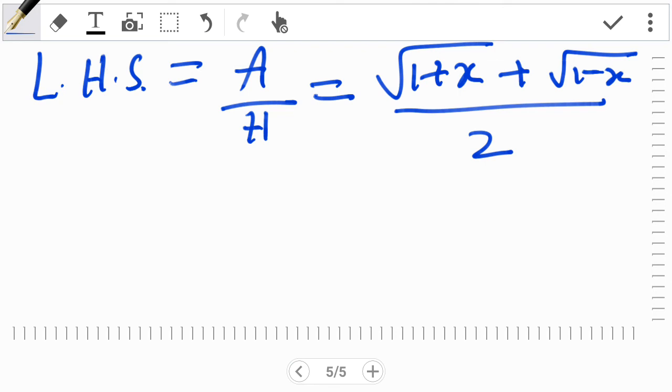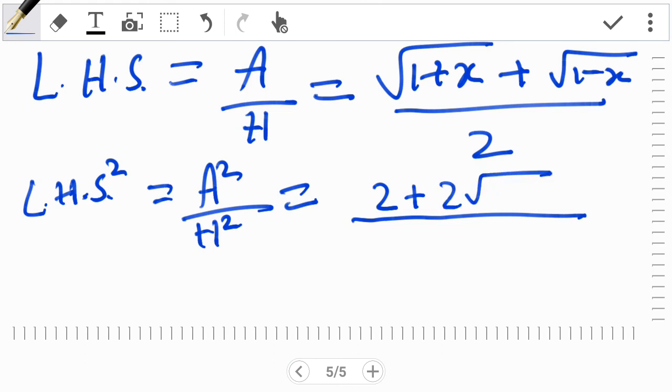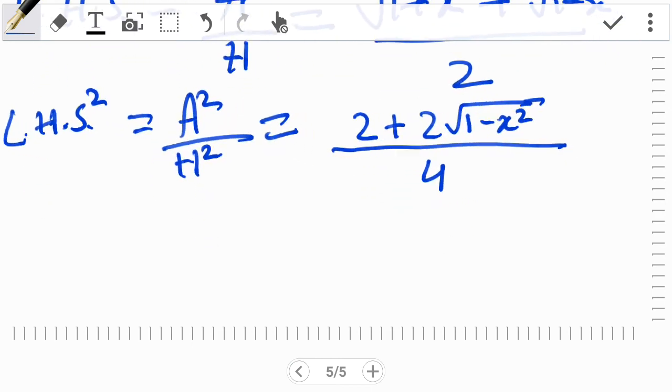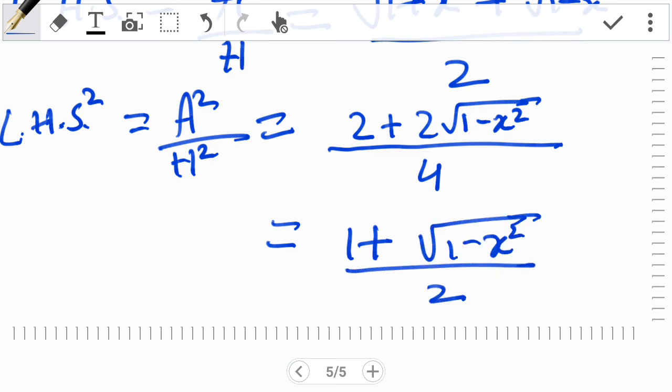So the square of LHS is A square by H square, which if you solve and simplify, will give you (2 plus 2 root of 1 minus x square) by 4, which is effectively (1 plus root of 1 minus x square) by 2, right?